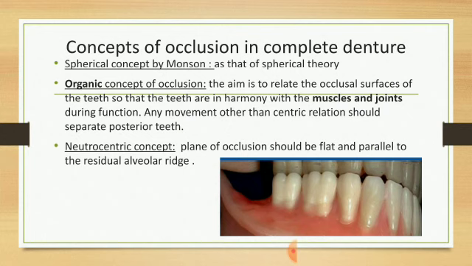The organic concept of occlusion states that when we are rehabilitating a patient with dentures, that set of teeth should be in harmony with the remaining two natural things, that is muscles and joints, during function. The aim is to relate the occlusal surfaces of the teeth so that they are in harmony with the muscles and joints during function, and there should be absolutely no interference during any type of movement other than the centric relation. That is the organic concept of occlusion.